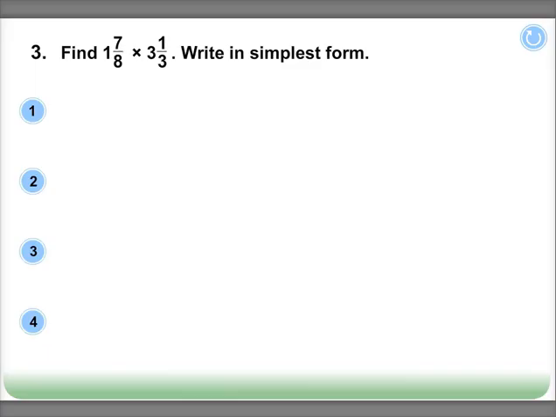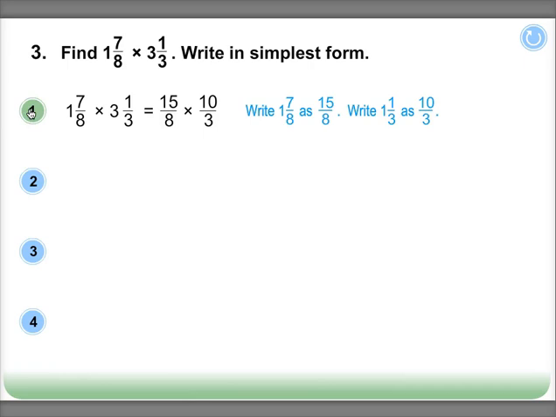Find 1 and 7/8 times 3 and 1/3. This time we have to change both of them into improper fractions before we can multiply. So we take 1 and 7/8 and we change it to 15/8. 8 times 1 is 8 plus 7 gives us 15. Keep the same denominator. 3 times 3 is 9 plus 1 is 10, so we have 10 over 3.